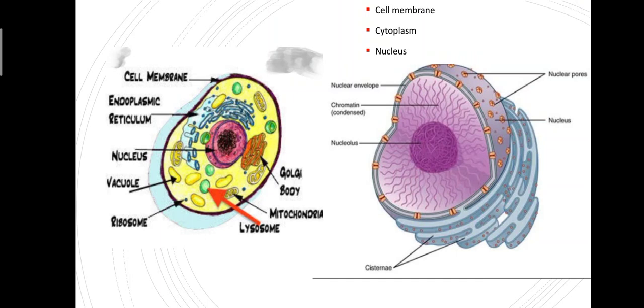So this is about the cell membrane. Now come to the next part, that is cytoplasm. Cytoplasm is a thick jelly-like fluid inside the cell bounded by the cell membrane. Here in the first picture, the yellow portion is cytoplasm.